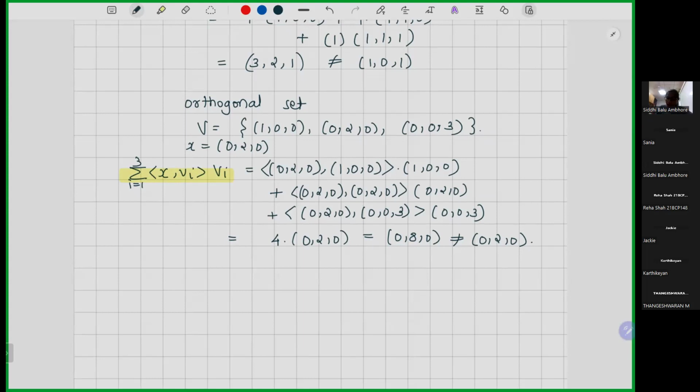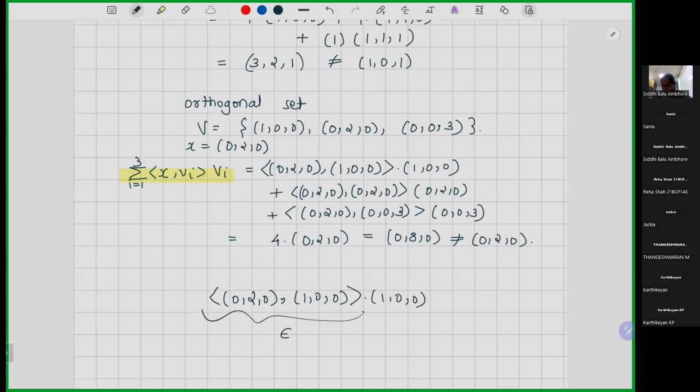Because when we write this, let me just do this. When we write this, comma, (1, 0, 0) times (1, 0, 0), this is some element in our base field.